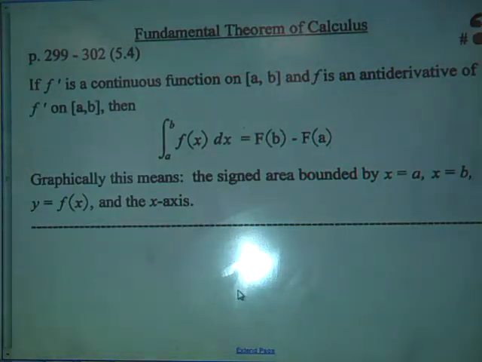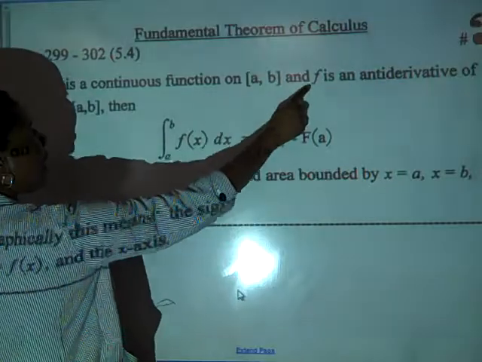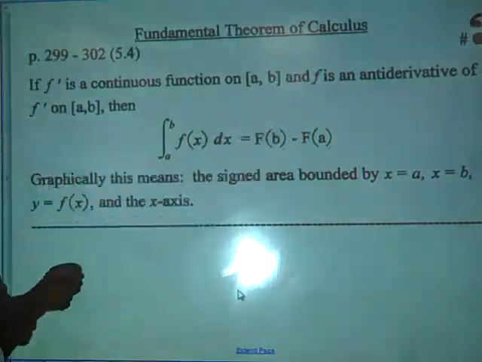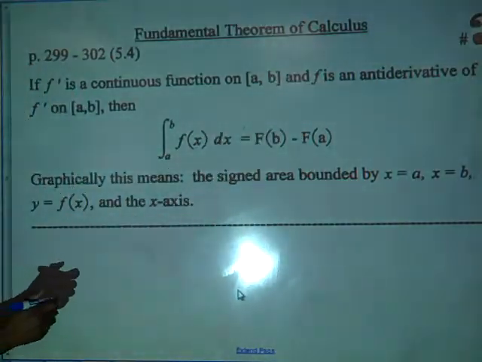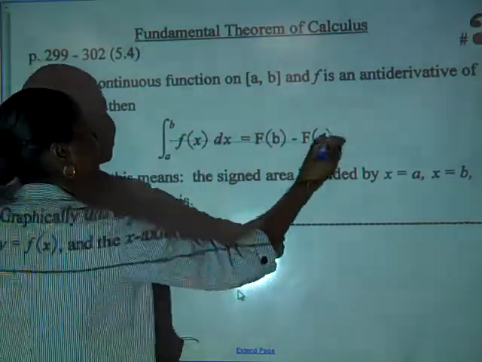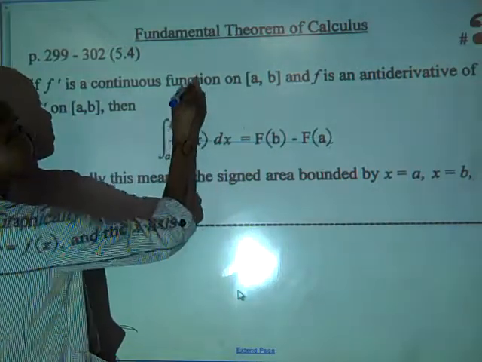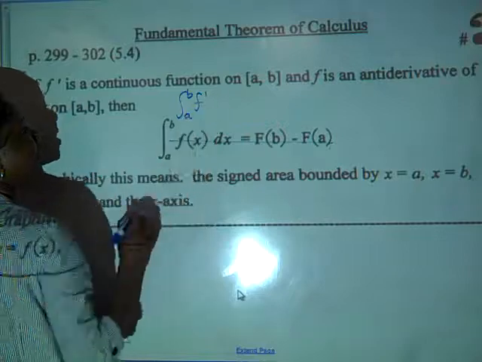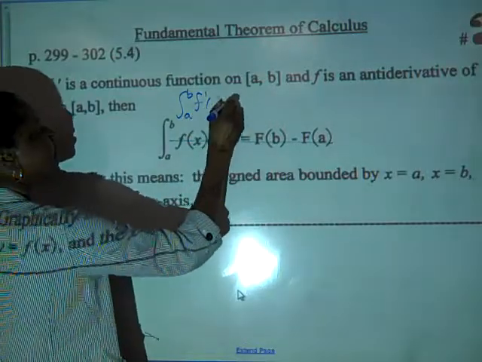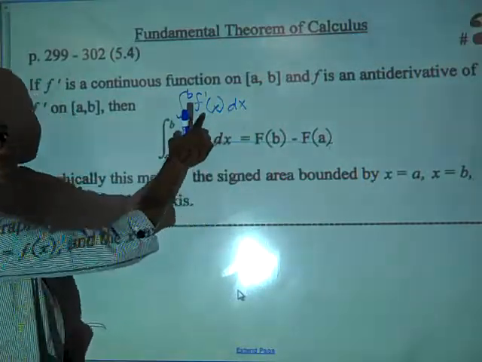Okay, are we ready? So it says if f prime, so that's a derivative, and the derivative is continuous on some closed interval from a to b, and little f is the antiderivative of f prime on a to b, then I'm going to write it this way. What do you think happens if I integrate a derivative?